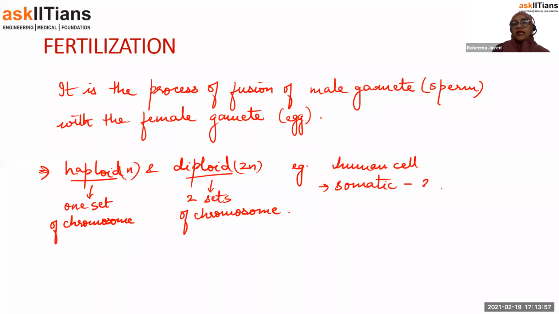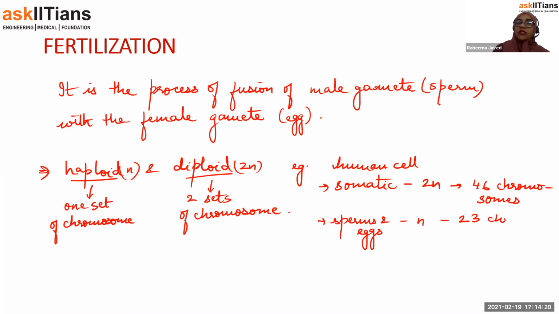So somatic cells of human beings, that means the vegetative cells, are diploid and have 46 chromosomes in them. And the reproductive cells, the sperms and the egg, are haploid, meaning they only have 23 chromosomes in them.